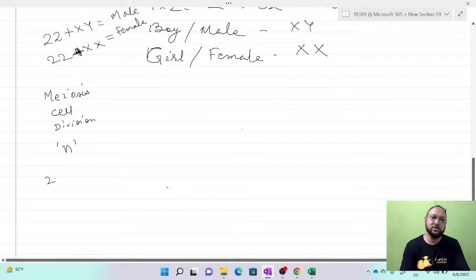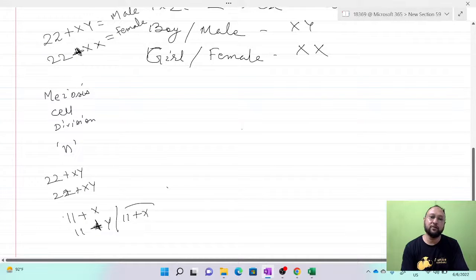So from 22 plus XY and 22 plus XX, it will become 11 plus X, or 11 plus Y, so two types of gametes will be produced.